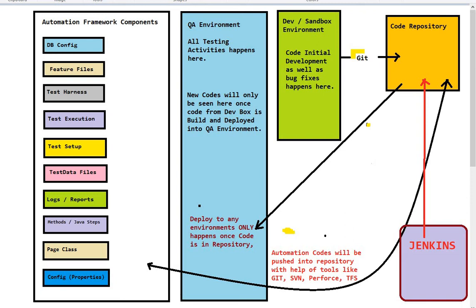If your framework is defined with the page factory model, then you will have page classes and the methods associated with those page classes, where you define all the individual IDs and locators of elements, and what you want to do with those elements.